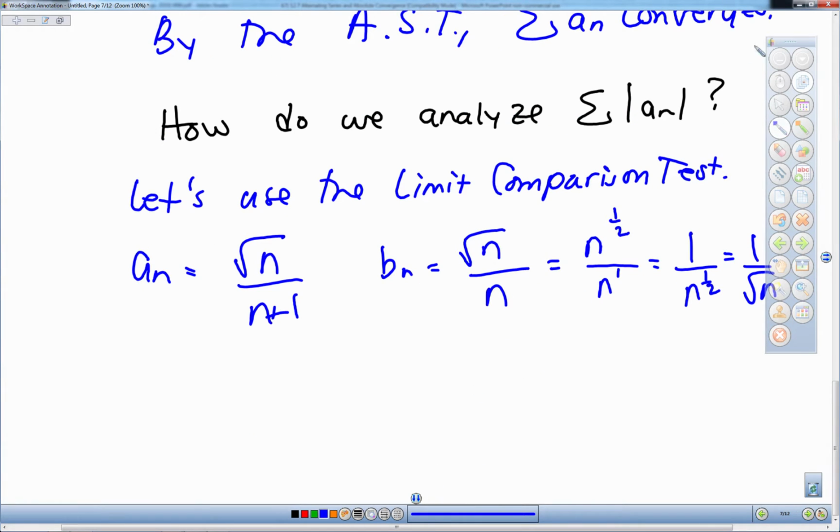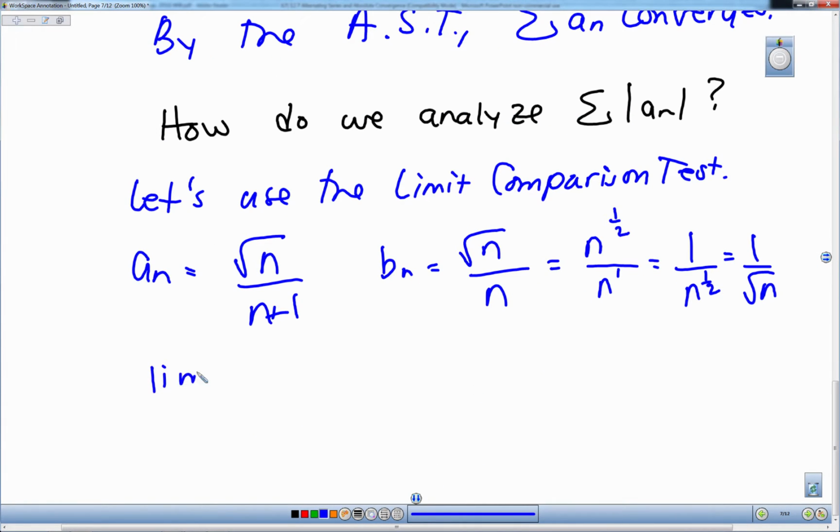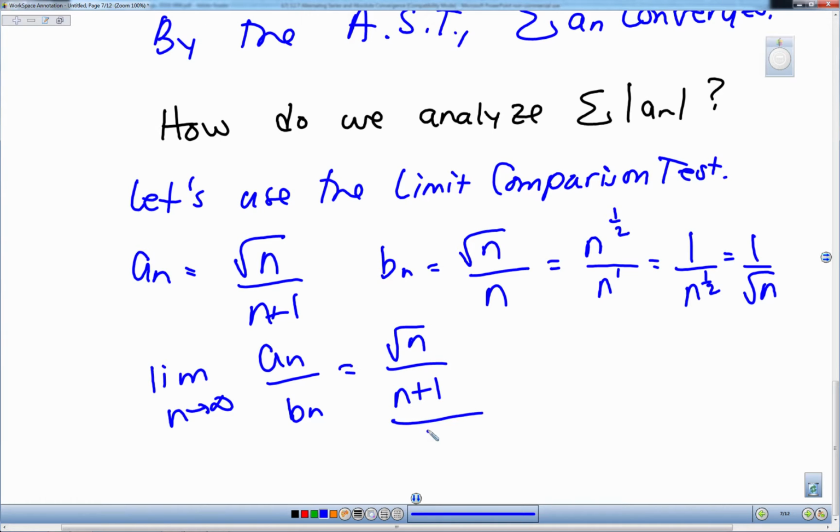Now we consider the limit as n approaches infinity of a sub n over b sub n, which is the square root of n over n plus 1, divided by 1 over the square root of n.